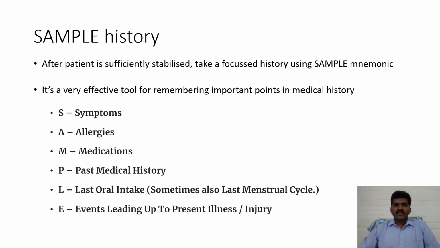After the patient is sufficiently stabilized, take a focused history using the SAMPLE mnemonic. SAMPLE stands for S, symptoms, and sometimes signs also, A for allergies, M for medications, P for past medical history, and L for last meal intake or the last menstrual cycle in case of females.